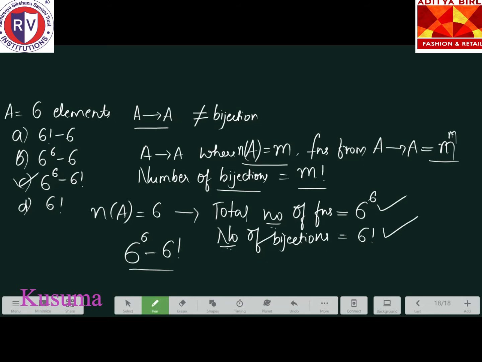The next question. Look at question number 41. This was asked in the year 2018.